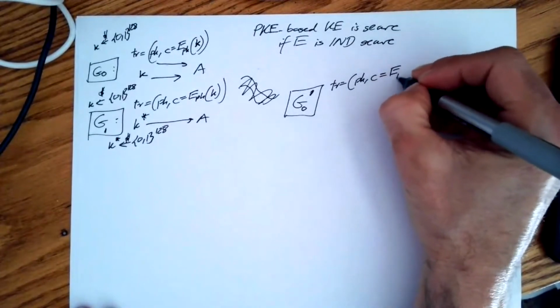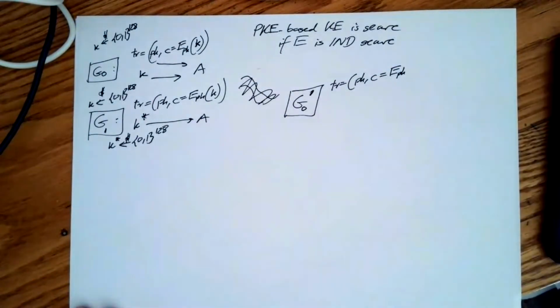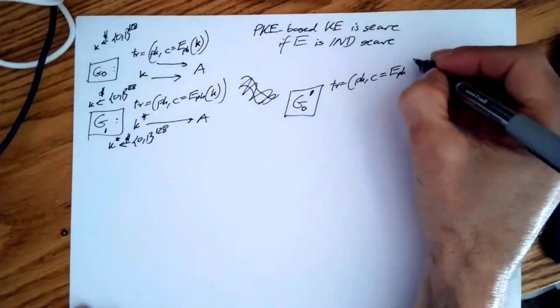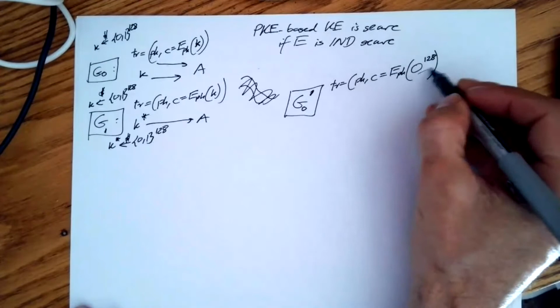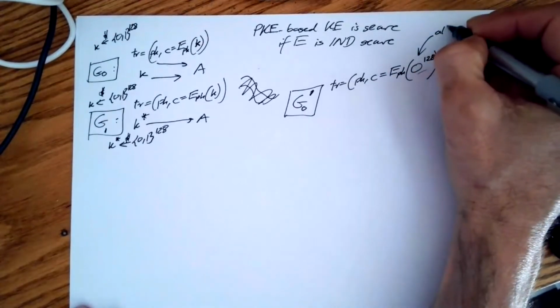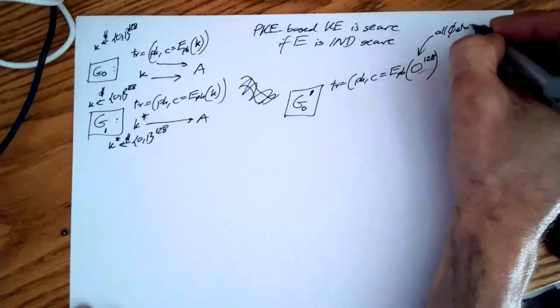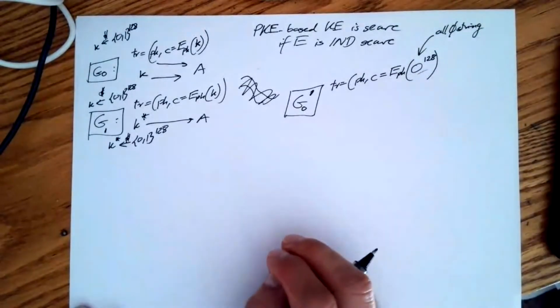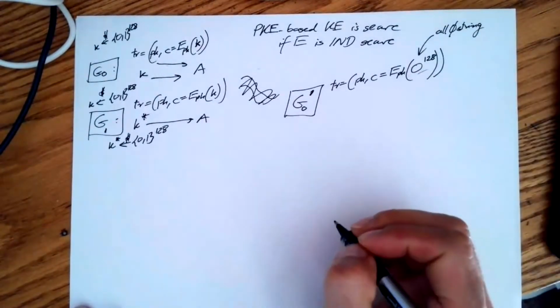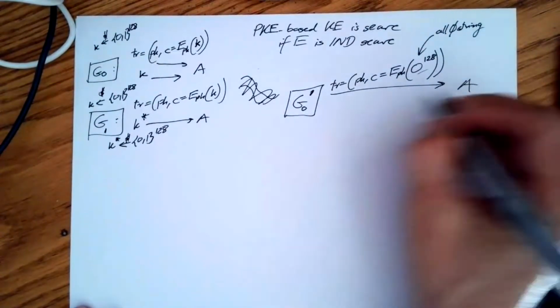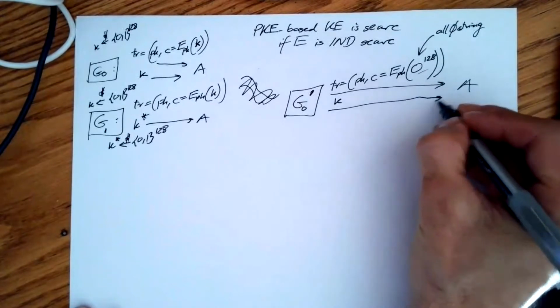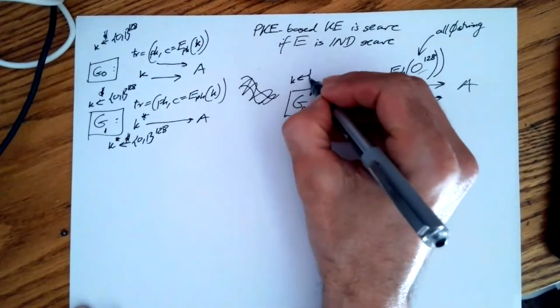Ciphertext is an encryption of 0 concatenated, so this is an all-0 string, right? And then the adversary gets that, and then gets the key. And as before, the key is chosen at random.